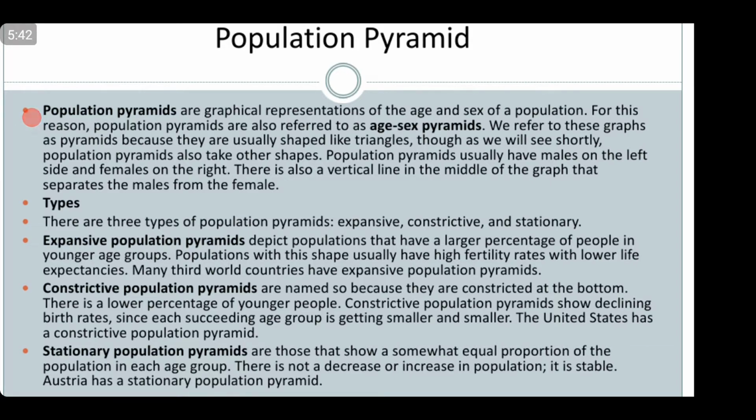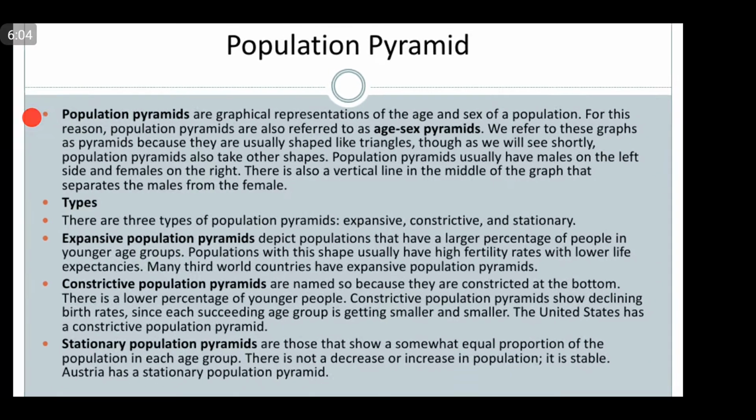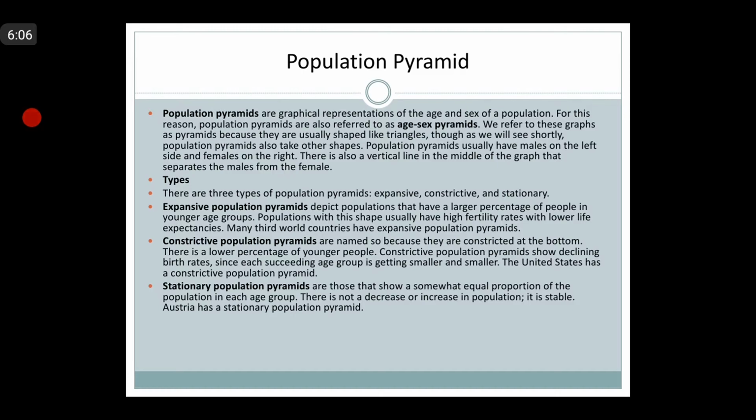On this basis, three types of age structures have been identified: for example, the West European type, the US type, and the less developed and developing regions type. Let me tell you something about the West European type.